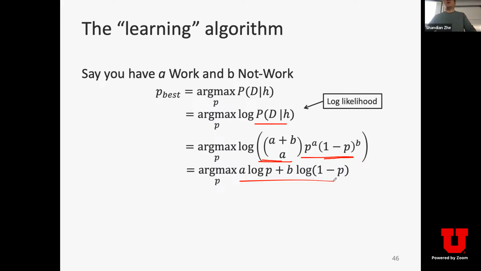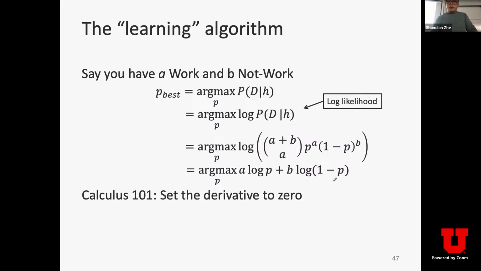We can try that as well. If we take the derivative and set it to 0, you find that the best P is simply the ratio of the failures, B over A plus B. It's surprisingly interpretable. It's just the ratio of the failures you observe from data.